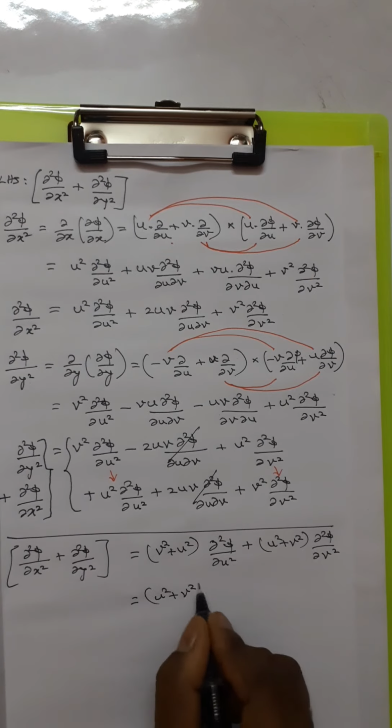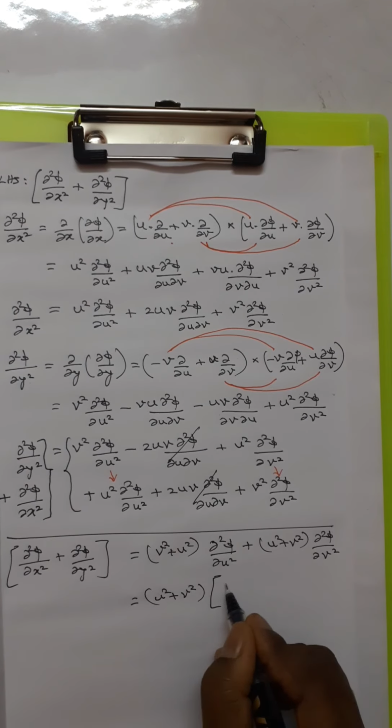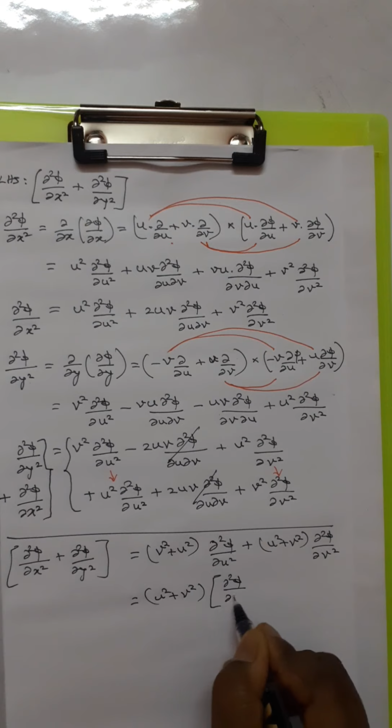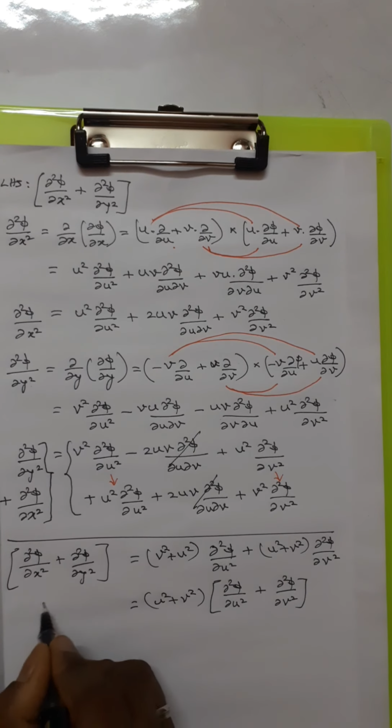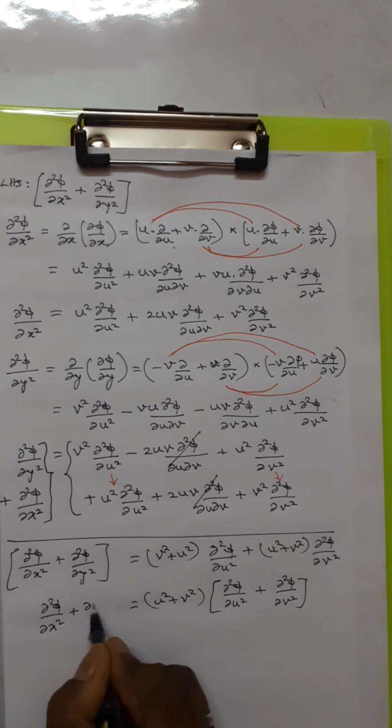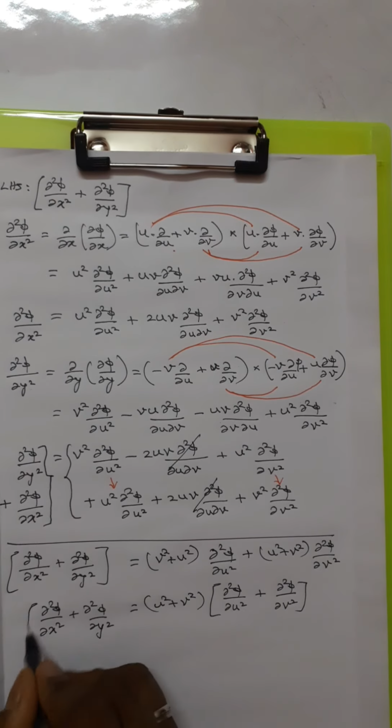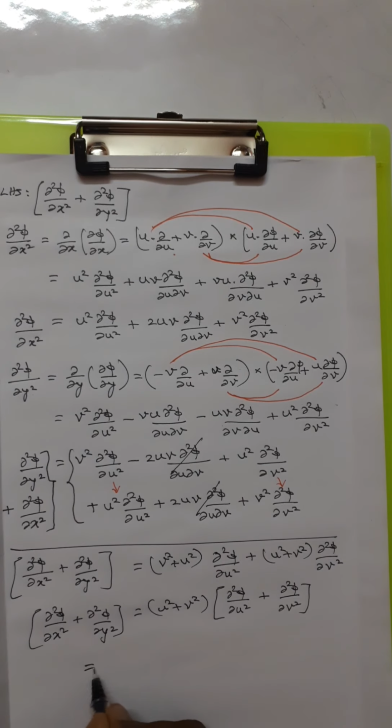So we take this term outside. Then inside dou square phi by dou u square plus dou square phi by dou v square, dou square phi by dou x square plus dou square phi by dou y square implies LHS is equal to RHS.